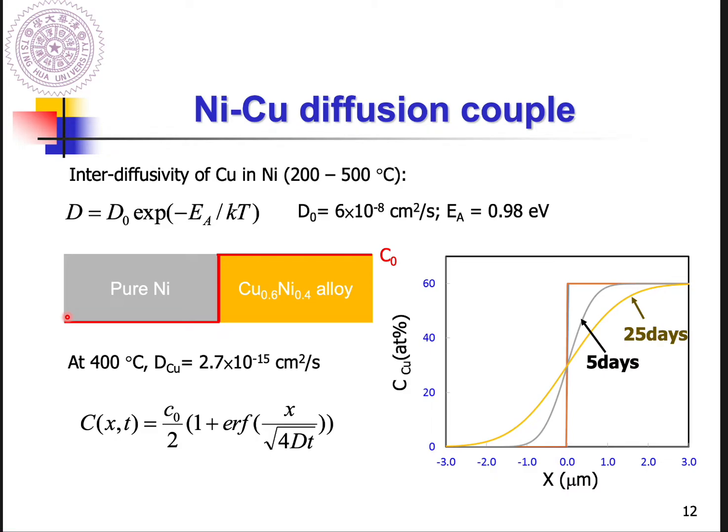If yes, then we can assure that the boundary condition at the right end and the left end will stay at the same concentration, and this concentration does not change with time. Then you can use the solutions. And based on this case, the solution will be what? C0 plus 0 divided by 2 plus C0 minus 0 divided by 2 times the error function. So it can be expressed like this.